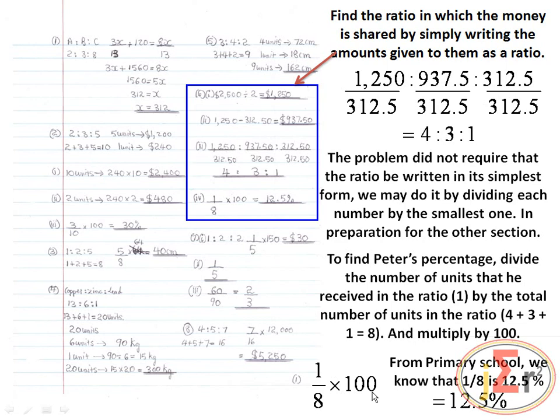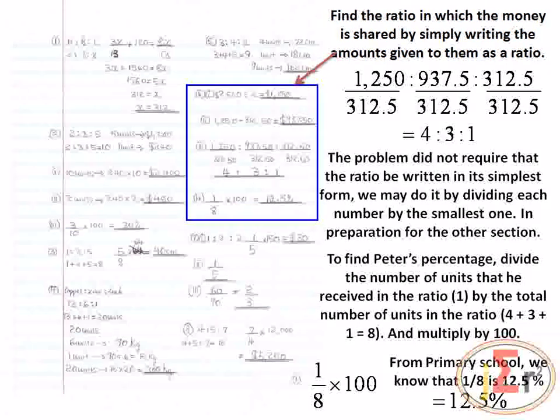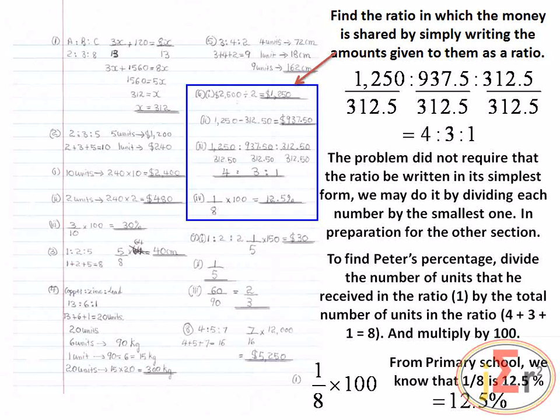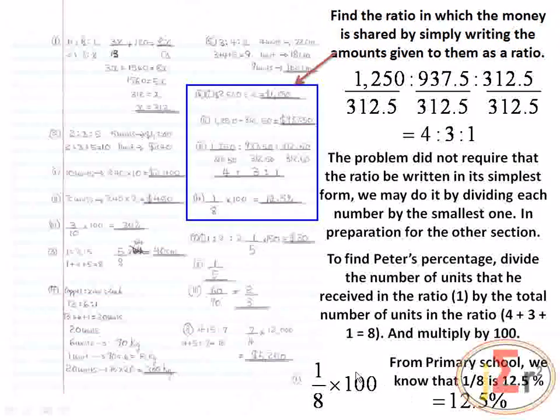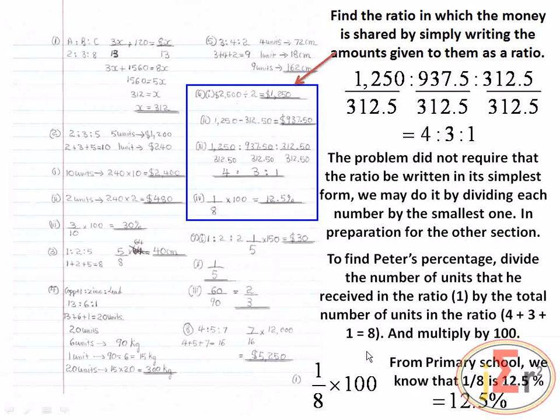But we do not have to do that, because everything will be in the same proportion as represented by the ratio. Therefore, we may use Peter's part of the ratio, which is 1, and we may use the total number of units in the ratio, which is 8. And that can make our work much simpler.